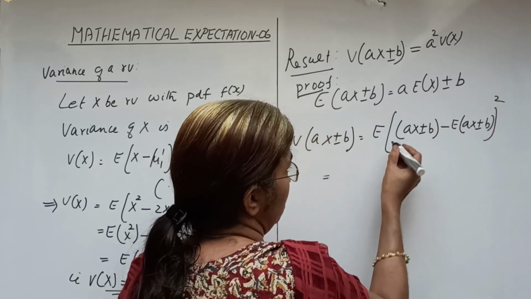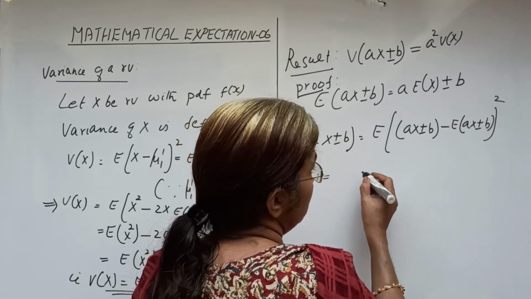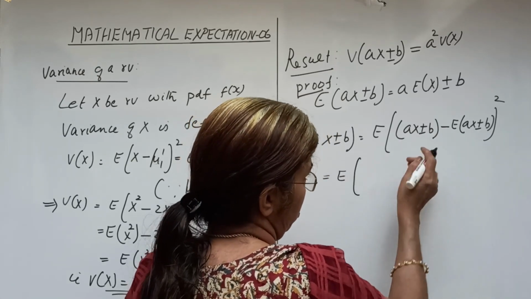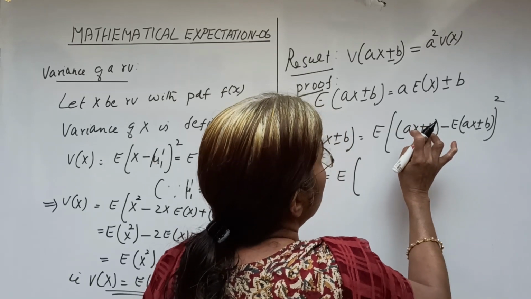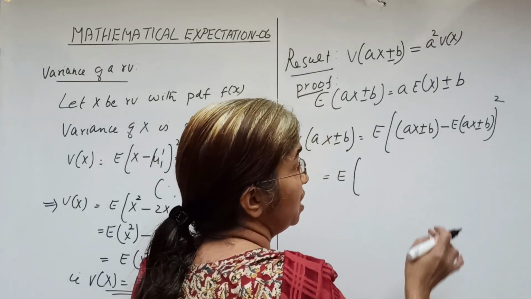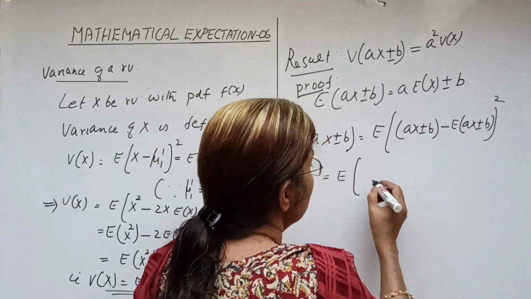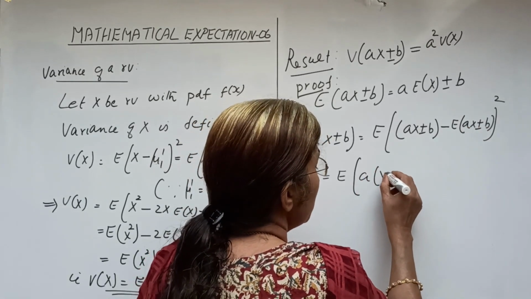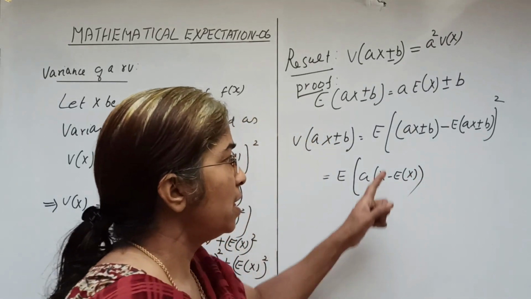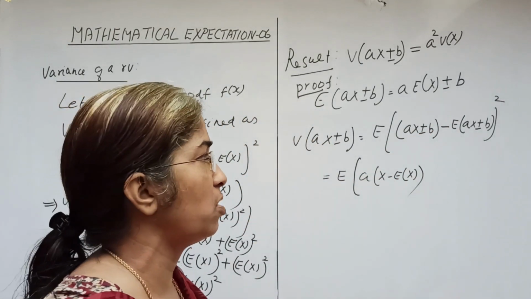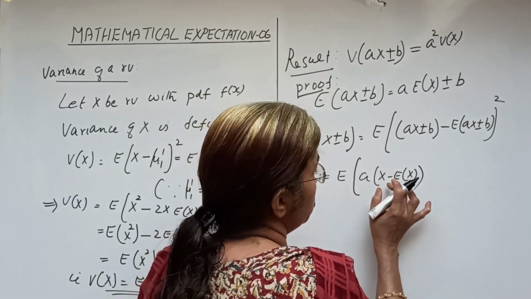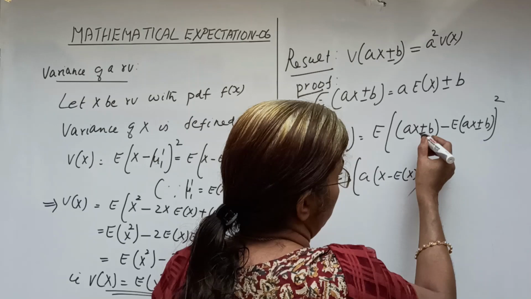This can be written as expectation of ax minus expectation of ax, so that a can be taken out, a into (X minus expectation of X).